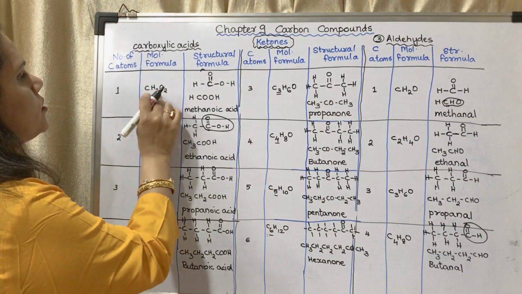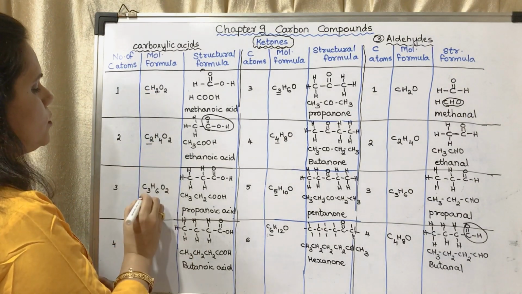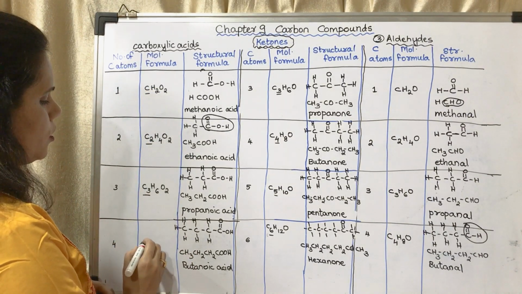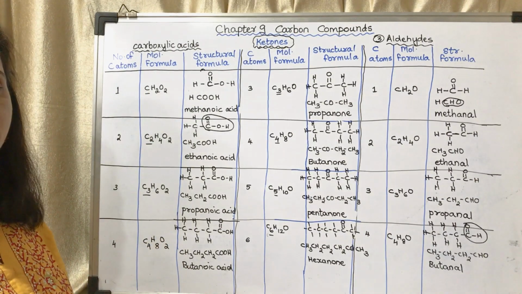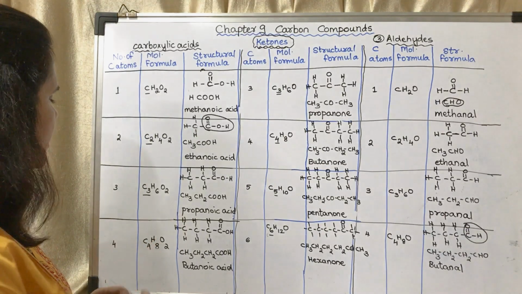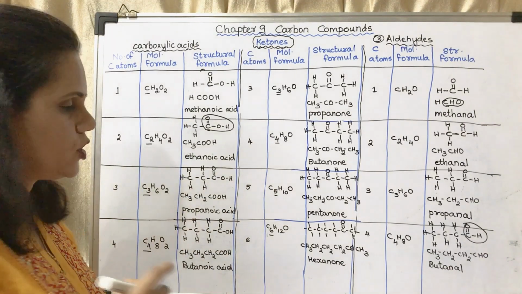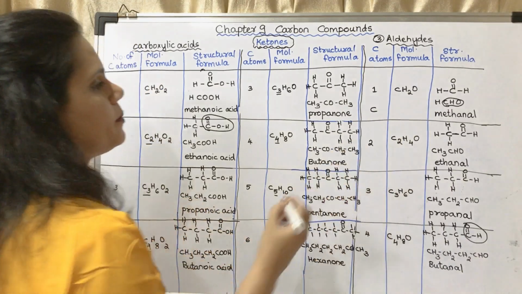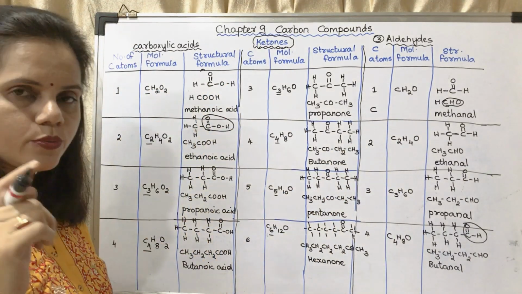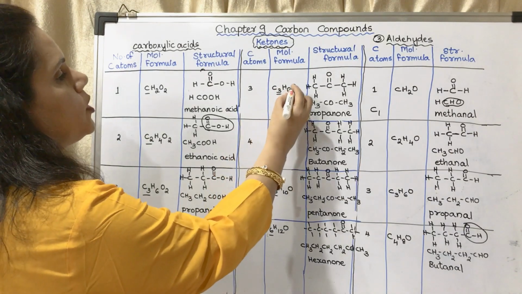The carbon atoms are 1, 2, 3 and 4. This will be C4H8O2. Okay, this will be the molecular formula. Now here it is C4. So it is increasing by 1 C each. That means for each and every one there is 1 C which is increasing. And what about H?